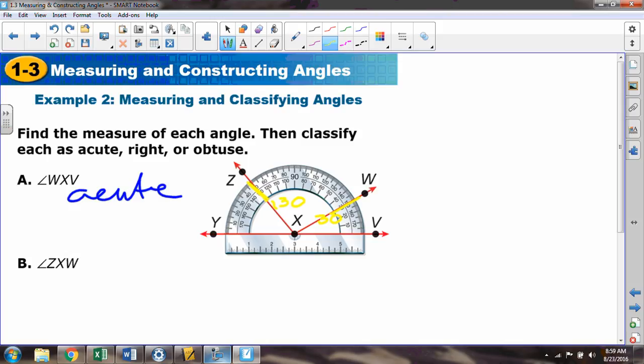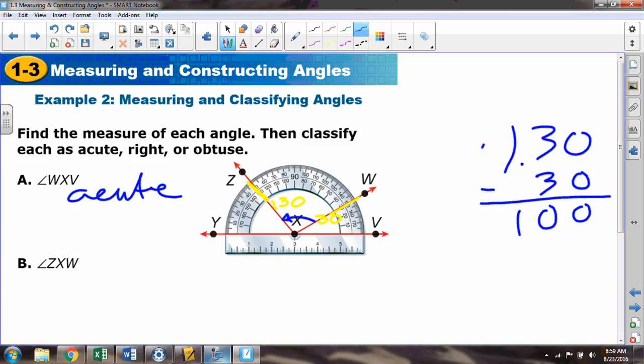Yes, you got it, McKenna. If we're going to start at 30 and rotate over to 130, simply taking an easy piece of subtraction tells us that is a 100-degree angle. So what kind is it? We have an obtuse angle.